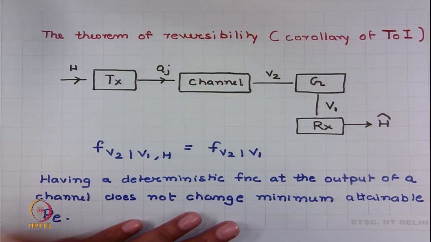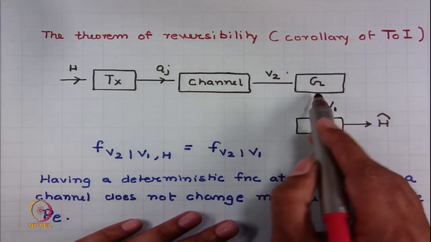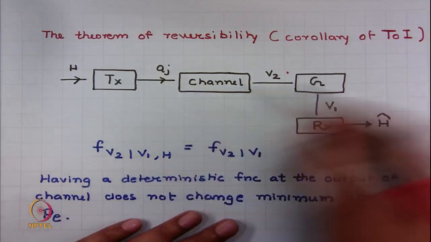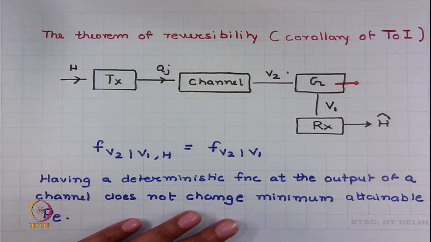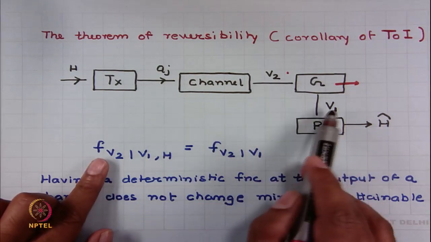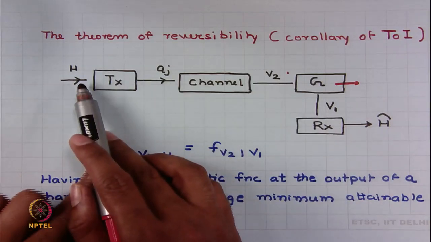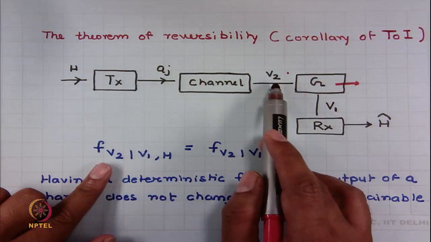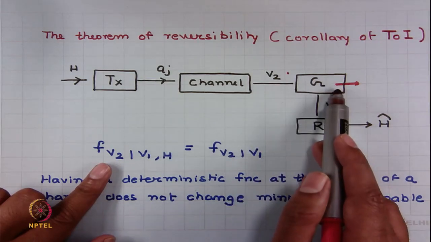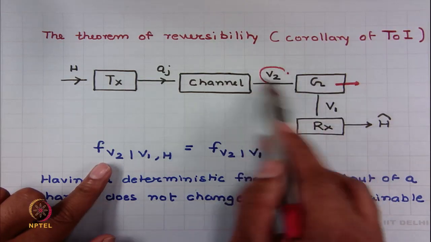This theorem says that if at the output of a channel you have a deterministic function, for example, this G is a deterministic function, then the conditional PDF of V2 given V1 and hypothesis is simply the conditional PDF of V2 given V1, because this is a deterministic function.